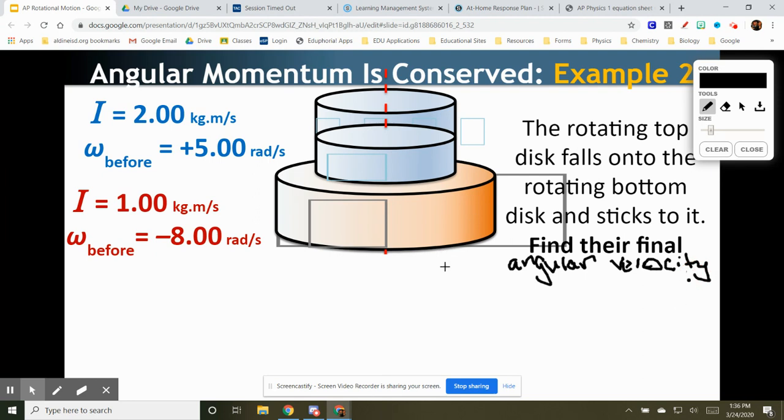Okay, so let's try it. We know that the conservation of angular momentum is L initial equals L final. And remember, there's two objects here. That's why we're remembering to put sum. Okay, go ahead.